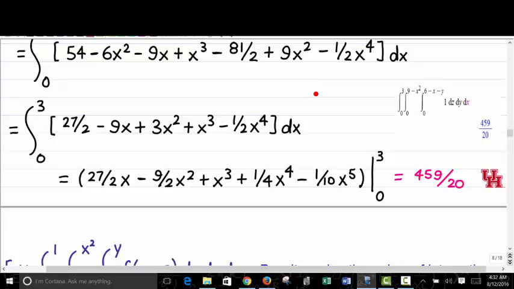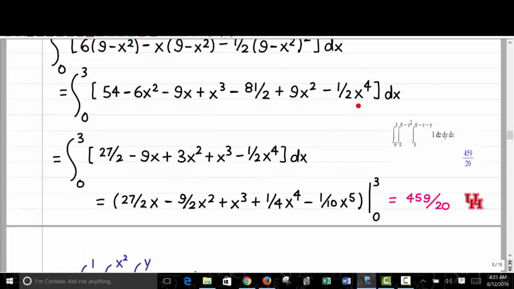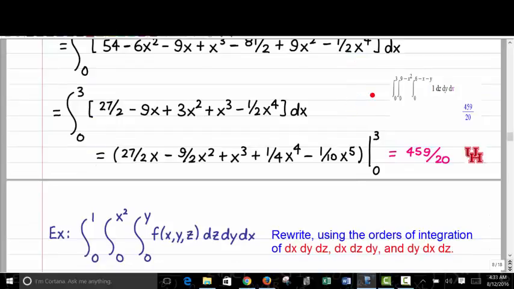But when you get to this point, where it's just a single integral, you can do that and come up with this answer. But you just take the antiderivative, plug in 3, plug in 0, which is nice because you don't have to really plug in 0. I got 459 over 20. I put the original integral in Maple there and got 459 over 20. So I'm thinking I did all right there. That's probably good.